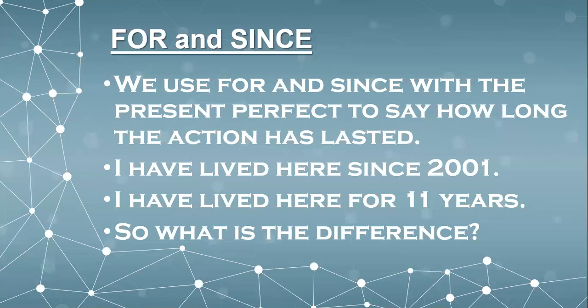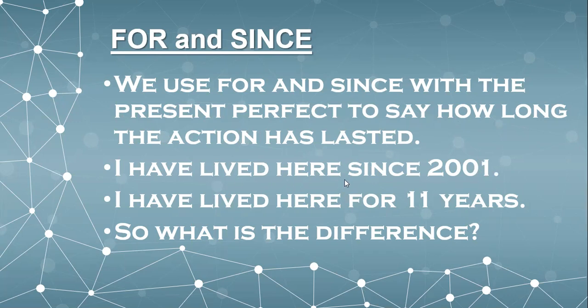Okay, so just to recap the rule of since and for, we said that we use for and since with the present perfect to say how long the action has lasted or when it started. So, I have lived here since 2001 means I started living here in 2001.